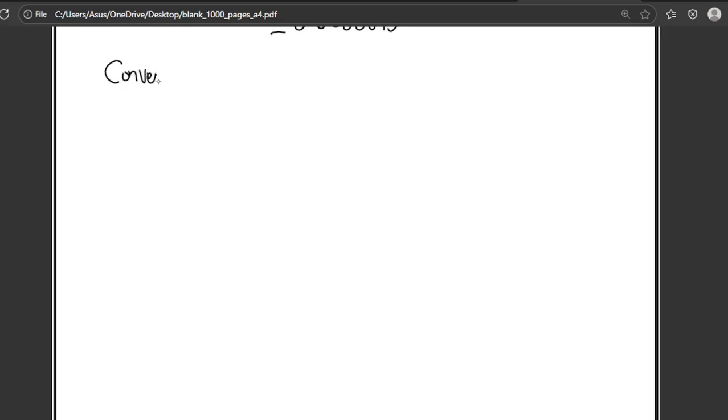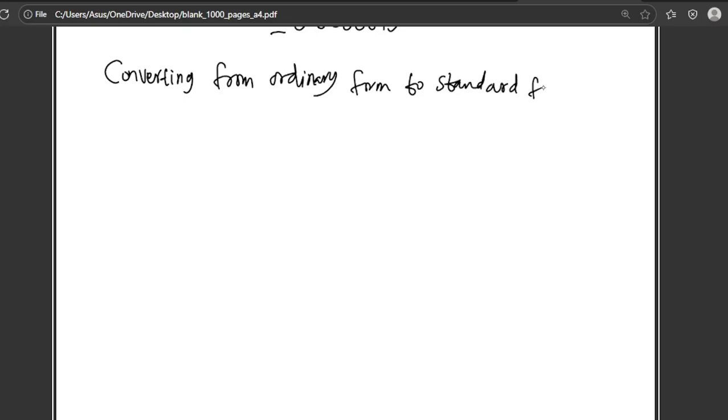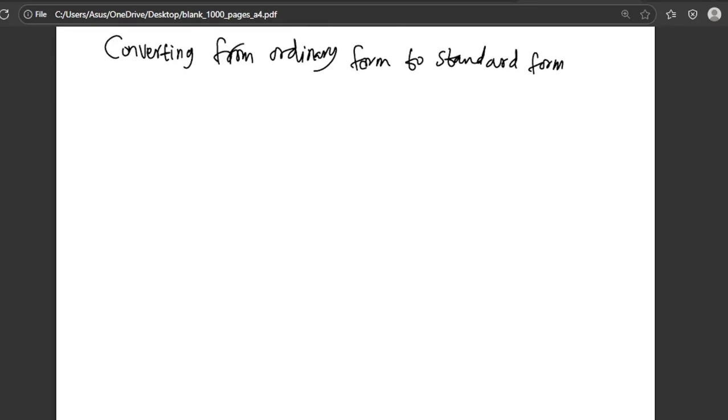Converting from ordinary form to standard form. We have to reverse what we did just now. Although we use the same examples, the results are the same as on the first question.